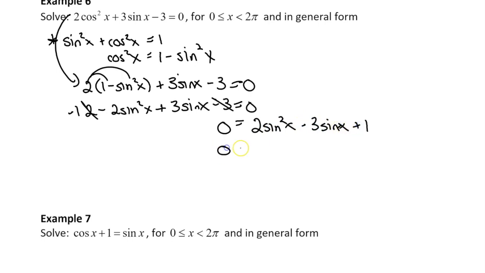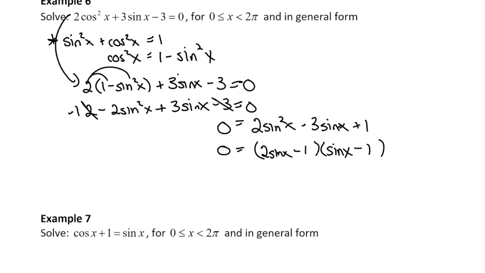And so if you have something like that, then once again you have a trinomial that you should be able to factor. Depending on the way you factor trinomials with a leading coefficient, let's check that out: 2 sine squared x minus 2 sine x minus sine x plus 1. That works.